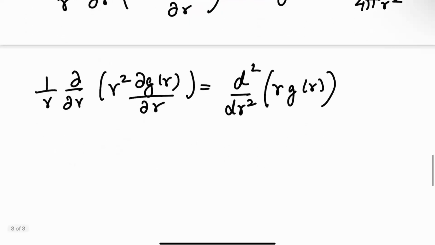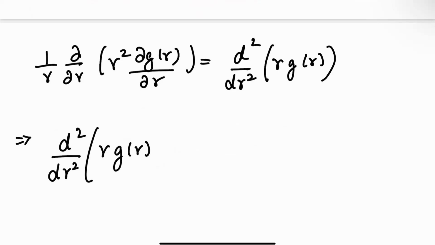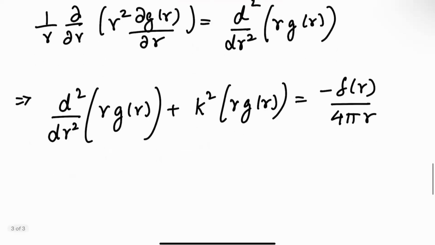It's not very hard to show. So because of that, you can rewrite the wave equation as d square over dr square of r g of r plus k square r g of r is equal to minus delta of r over 4 pi r. And we multiplied r on both sides.